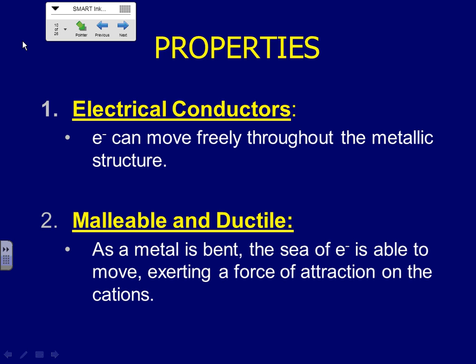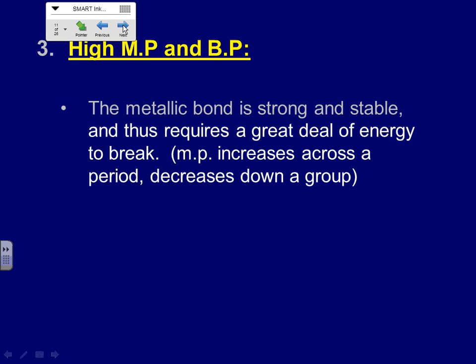So metals have high melting points and high boiling points because of that electron sea attraction. I got one more slide here, I think it's one more. That electron sea is stronger, yep, that's the last one. We'll stop there. That electron sea is very strong in holding it together.